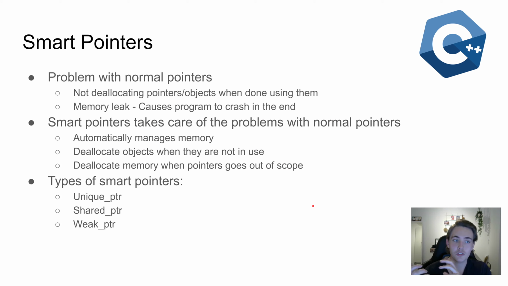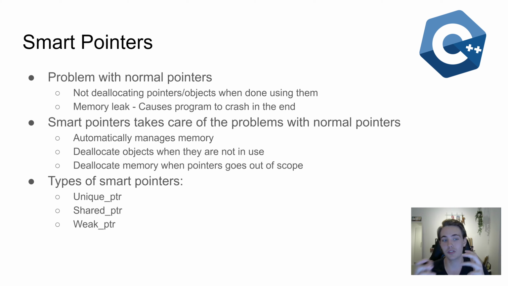In C++ we most often use smart pointers, and I'll make a new video on smart pointers because they're a really good thing. There are some small problems with normal pointers in C++, because they don't deallocate pointers and objects when we're done using them. If we initialize pointers, use them, and don't delete them when we're done, it will cause memory leaks, which in the end will cause the program to crash.